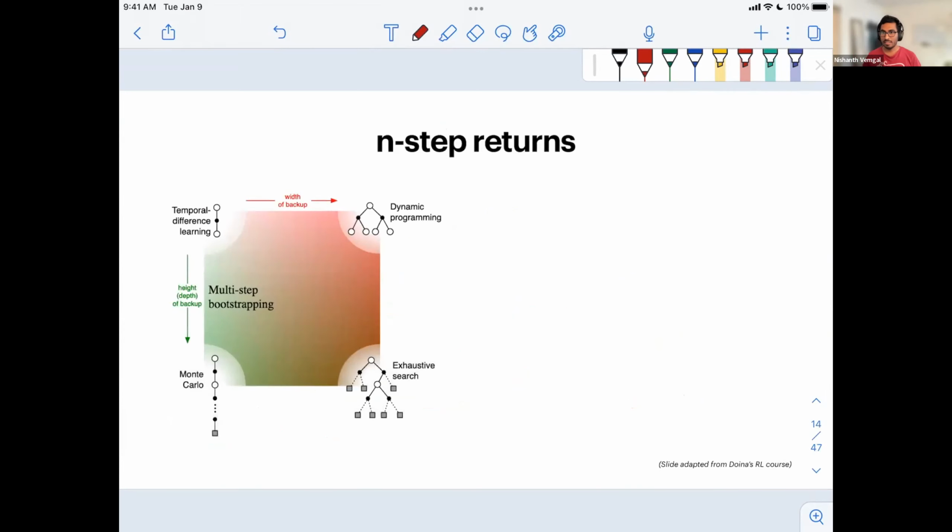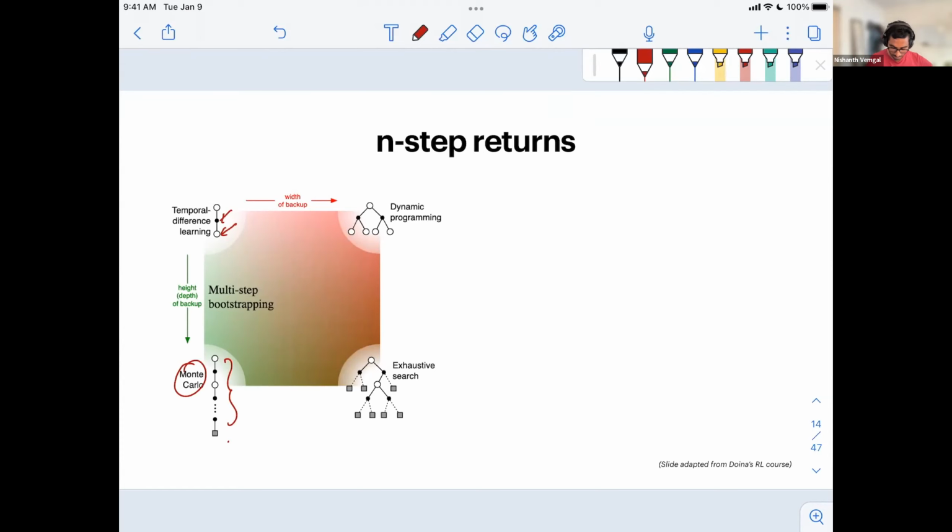This picture captures the idea of n-step returns. You have TD learning, which uses one step of reward and the value of the next state as a proxy for the remaining rewards. And you have Monte Carlo methods, which use all the rewards that they see throughout the trajectory until termination as a target.